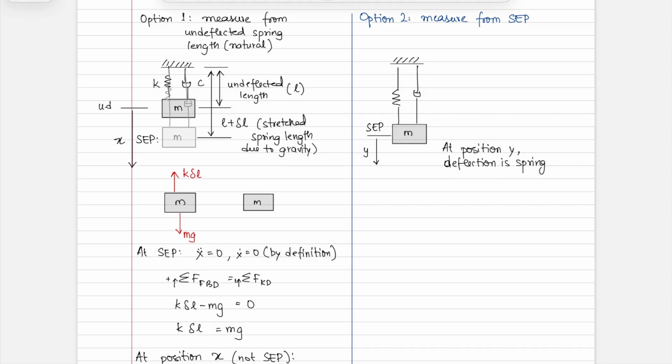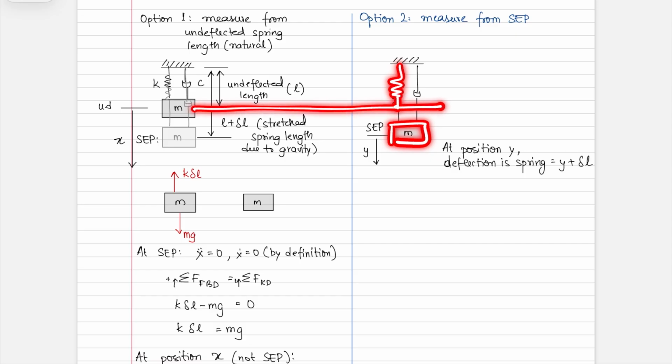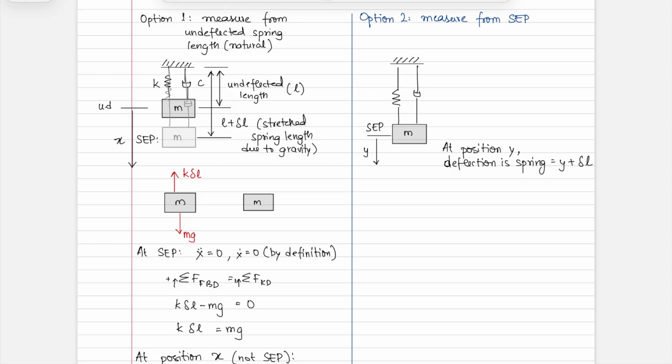Or is it equal to Y plus delta L? So the net deflection in the spring is with respect to the natural length, which is going to be Y plus delta L, right? Because at SEP, it has already extended from its natural length to a position of delta L. And then from there, you're extending it further to Y. So the net deflection is Y plus delta L.